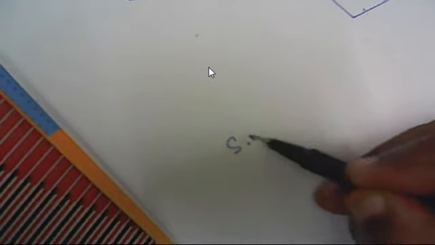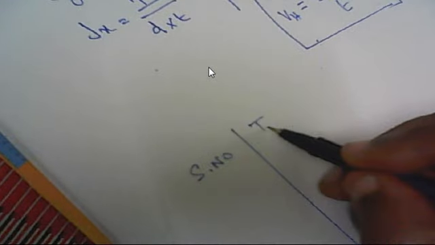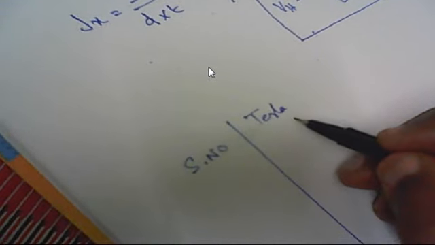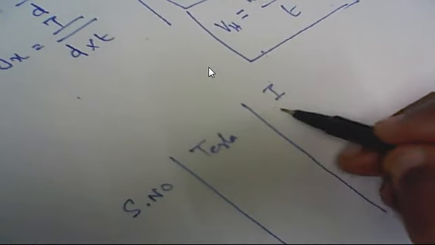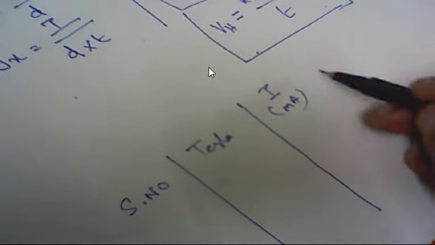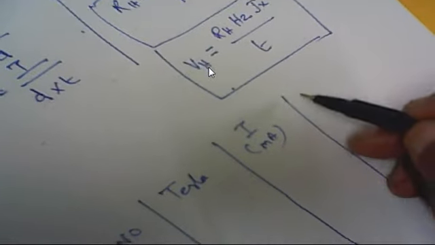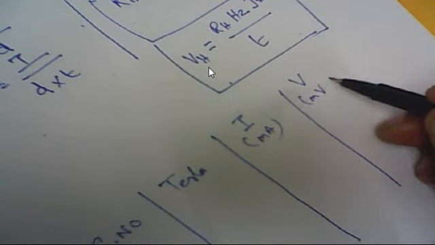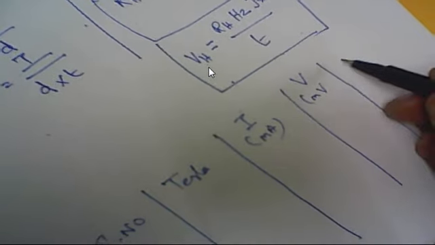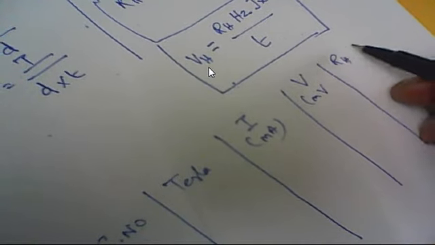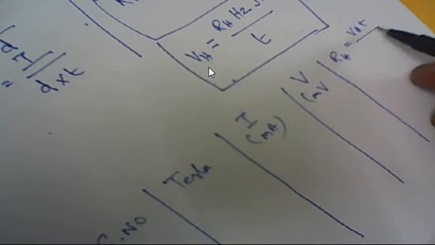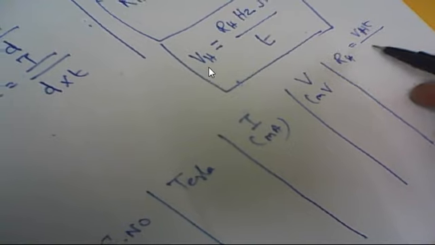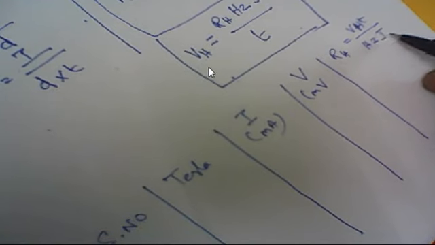So this is the value of the Hall voltage. In an experiment, we apply an external magnetic field, we measure the current and the voltage, and the Hall coefficient is V_H t by Hz into Ix.